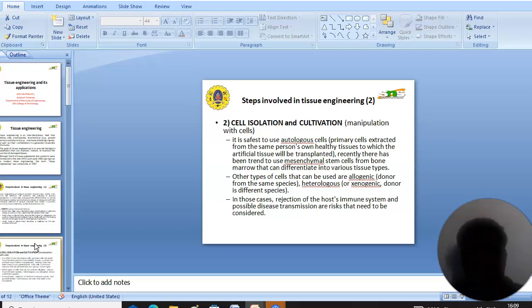The cells used may be autologous cells, which indicates primary cells extracted from the same person. Other types of cells may be used, such as allogenic, from donors of other specimens, or heterologous, which indicates a donor of a different species.